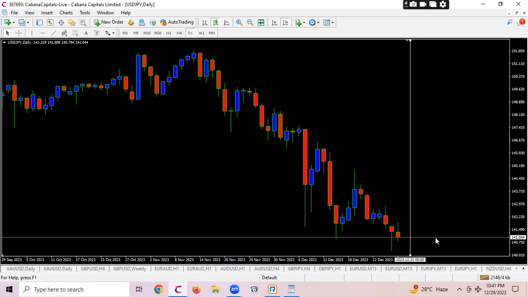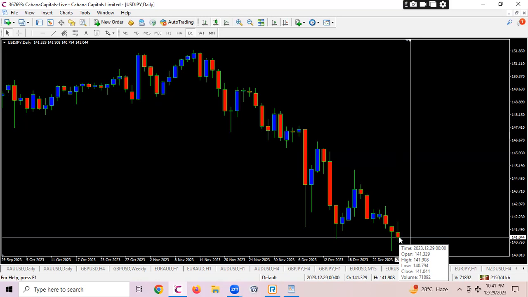Right? Yes, sir. So for us to buy USDJPY, we would wait for Monday's candle. The market is likely going to be closed on Monday, so it's on Tuesday. We have to wait for Tuesday's candle to close bullish.